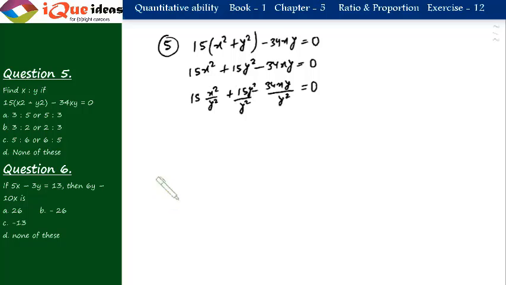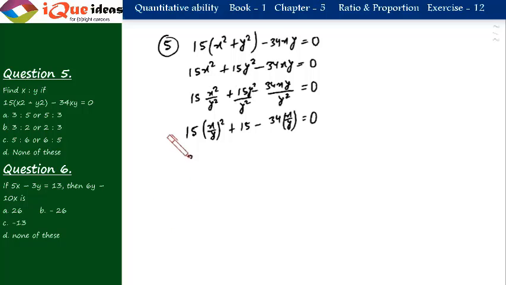The other side remains unaffected. So the first part can be written as 15(x/y)² + 15 − 34x/y, as one y gets cancelled, equal to 0.